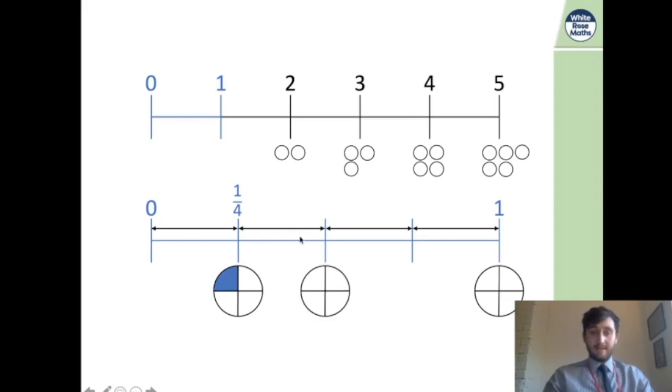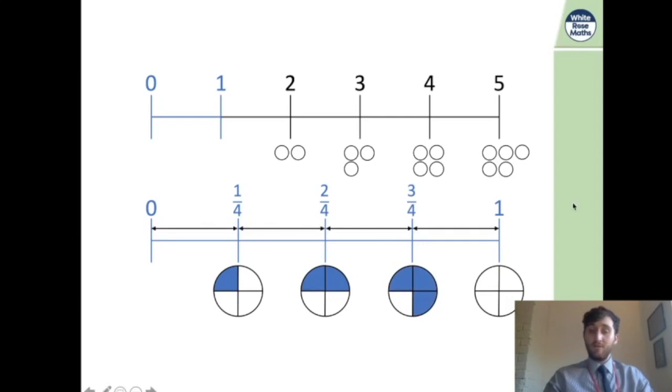Next, I've got 2 equal parts now, so I'm going to shade in 2 of the parts, and as my numerator I've got 2 shaded in, and I've got 4 altogether. And I'm sure that you can all work this one out. As our third part, we've got 1, 2, 3 equal parts, so therefore I'm going to shade in 3, and it will be 3 quarters.